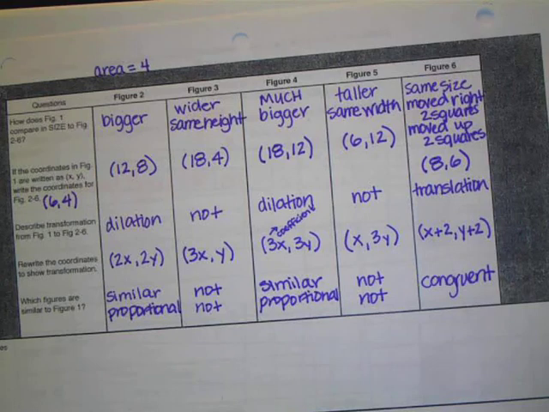Now, I'm just making this stuff up as I go. So let's just say that we have a point 15, 10. And we want to make it smaller. So what is 1/5 of 15? 3. So that point would be 3. What is 1/5 of 10? 2. So this is 3, 2.